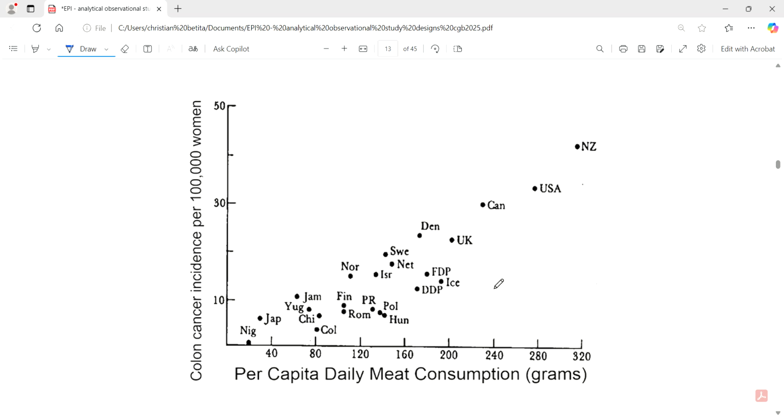And overwhelmingly, the highest colon cancer incidence occurs with higher meat consumption, and this is found among New Zealanders and Americans.